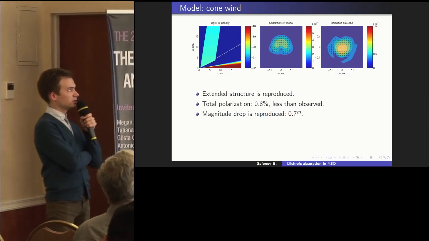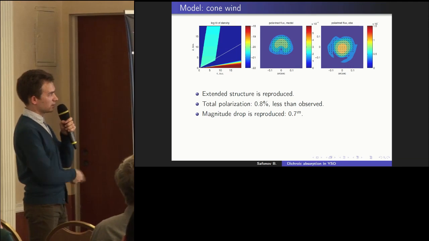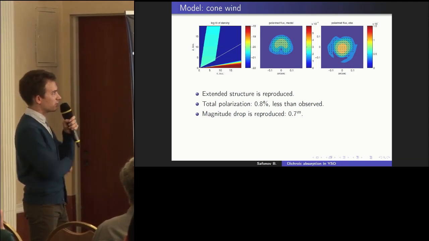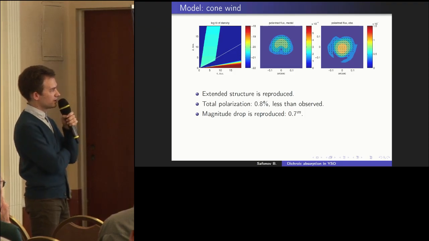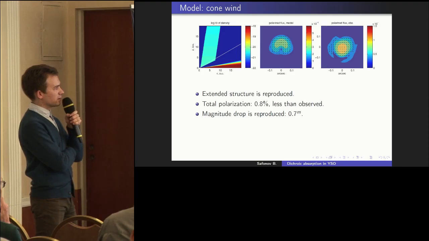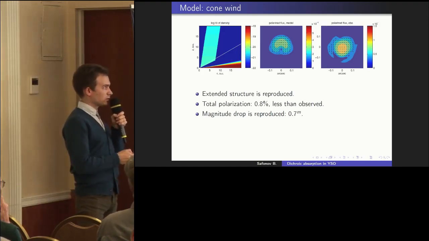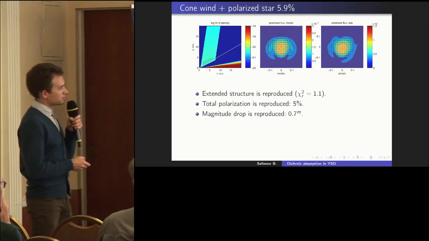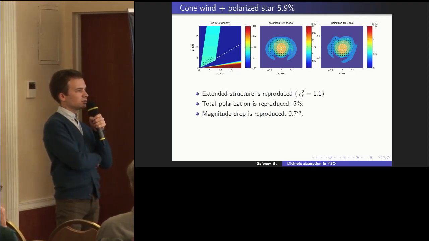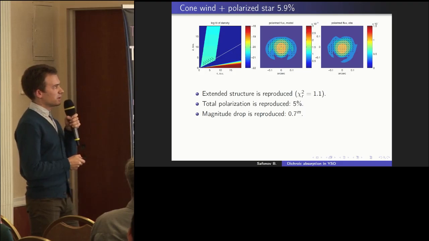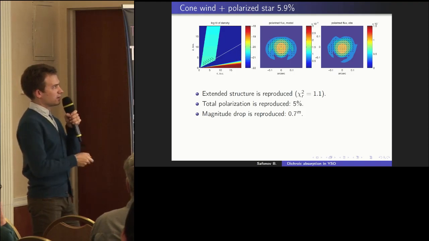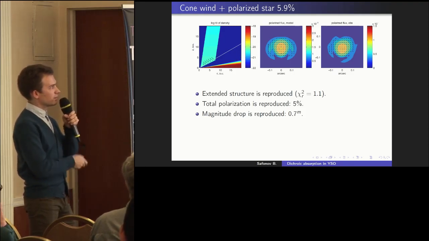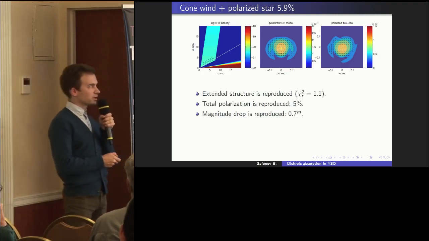As an alternative model, we considered a conical wind, which is depicted here, the section of density. In this case, the extended structure is reproduced, the total polarization is small, and the optical thickness along the line of sight is reproduced. In order to explain the data, we assumed that additional polarized flux is generated by dichroic absorption on circumstellar dust in this structure, and this makes the star a point-like source of polarized radiation.